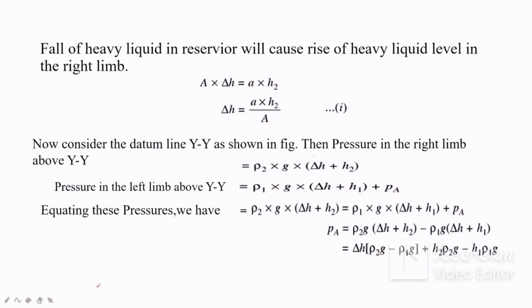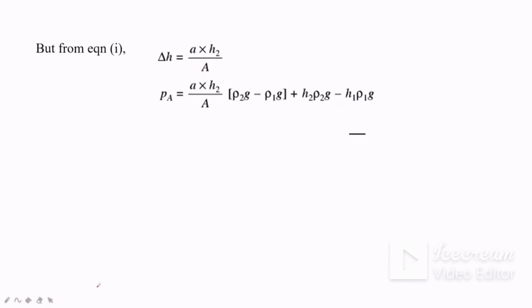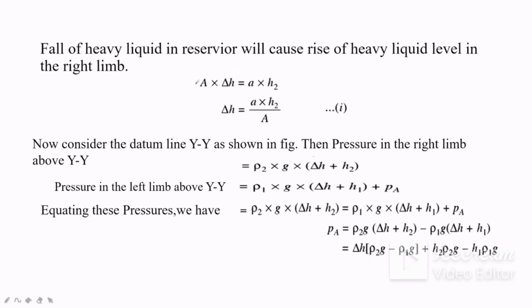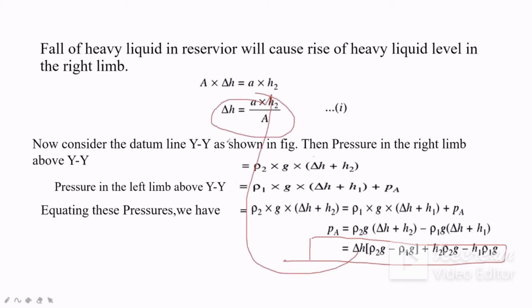Okay, now what is the relationship of area? We will take that. But from equation 1, what is that? Delta H is equal to A into H2 by A. So this was the formula for delta H. Okay, so in the place of delta H, here where there is delta H, what do we put? We will substitute this one.